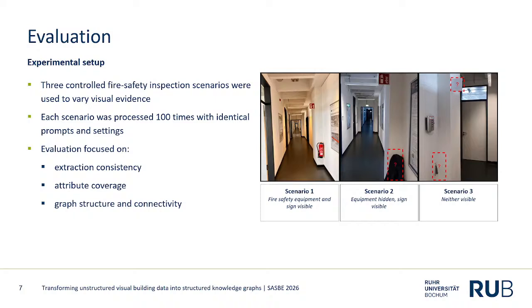And in scenario 3, neither the extinguisher nor the sign is visible. And each scenario was processed 100 times with identical prompting and identical settings. And our evaluation focused on the extraction consistency and the attribute coverage, and also how the connectivity looks inside the knowledge graph.